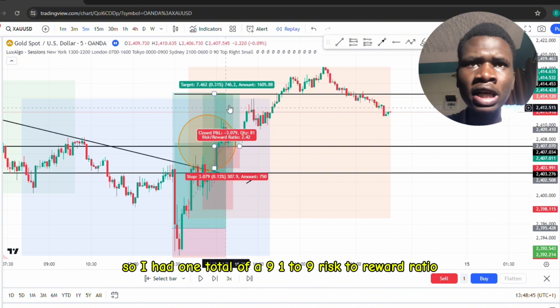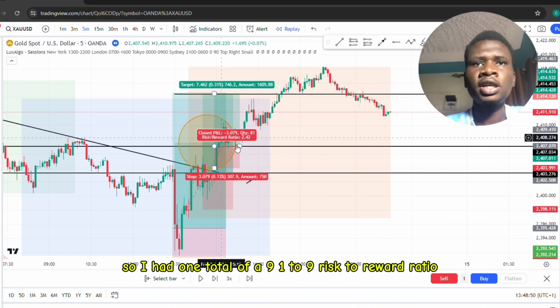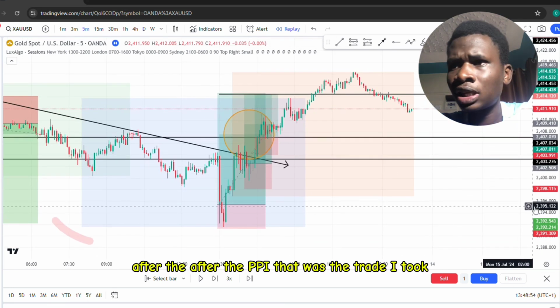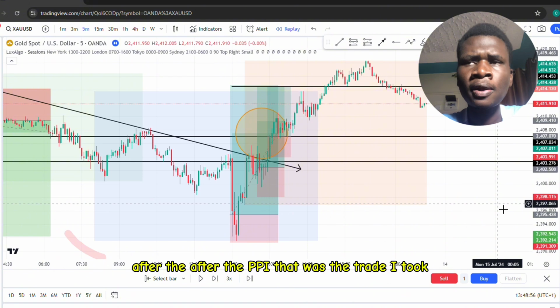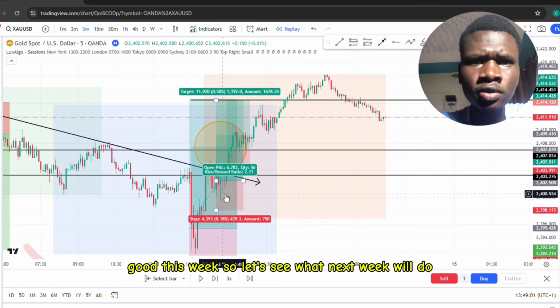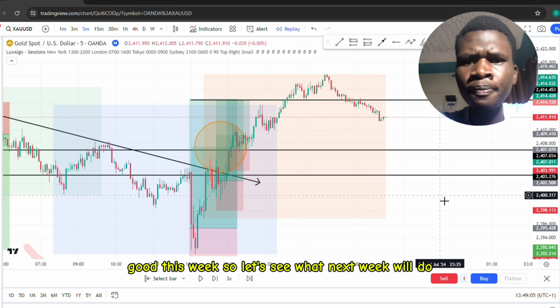So I had won a total of a 1 to 9 risk to reward ratio, and that was the trade after the PPI. That was the trade I took. So the market was very good this week. So let's see what next week will do.